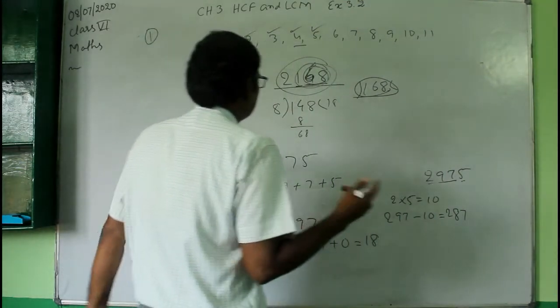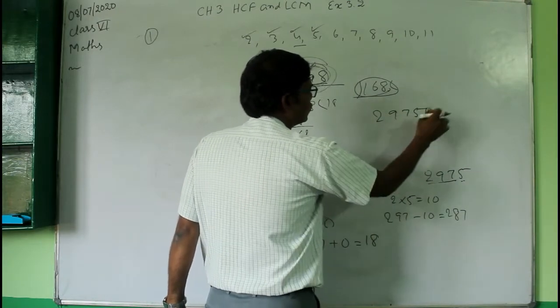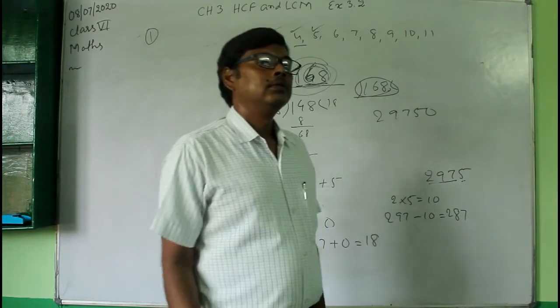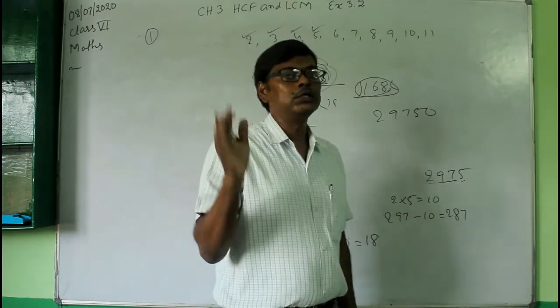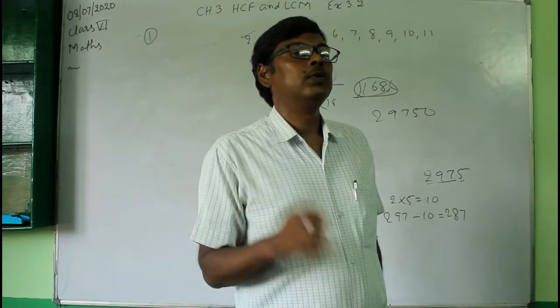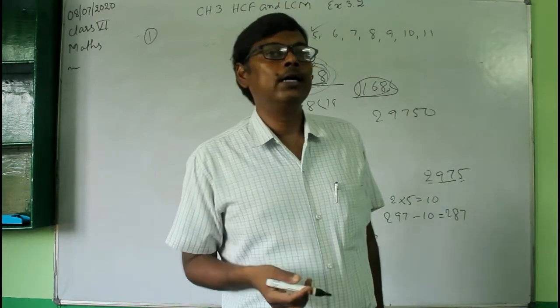For example, 29750. Here I have added a 0. So this number will be divisible by 10. So the rule is only that the digit at the ones place must be 0. Then that number will be divisible by 10.